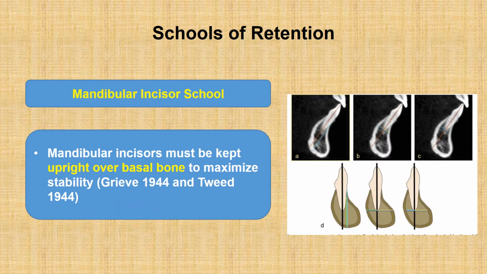Okay, now the mandibular incisor school of thought holds that the mandibular incisors must be kept upright over the basal bone to maximize stability.